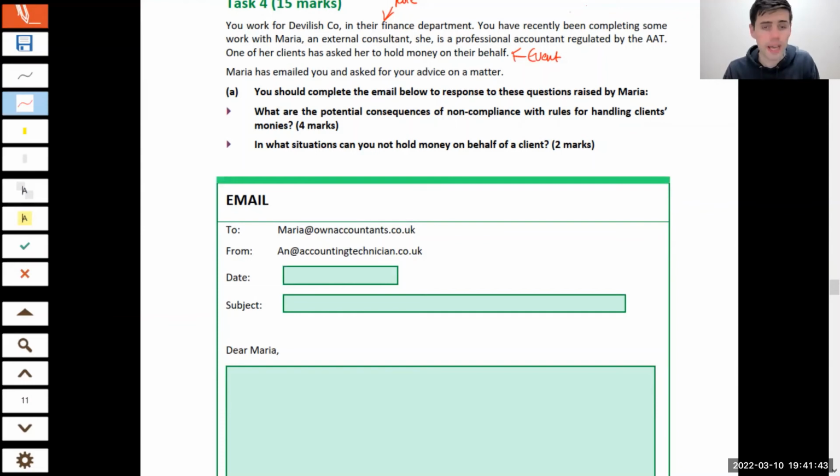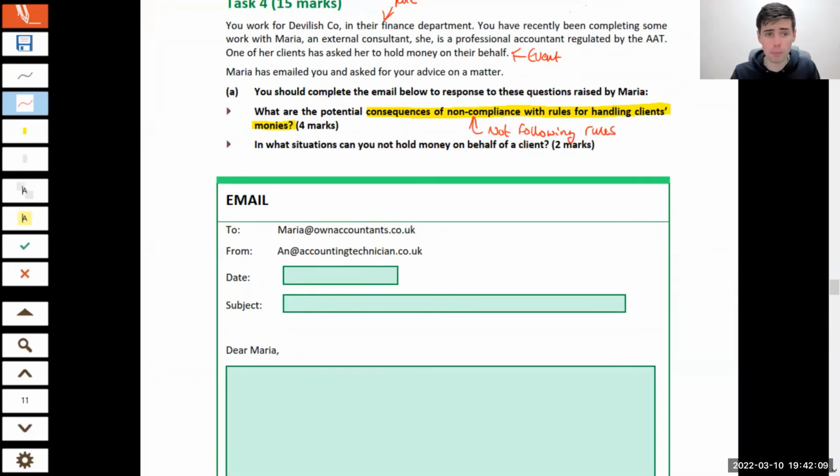So let's start to break this down. When it says, what are the potential consequences? Let's just start to see what we need to write about. So I need to write about the consequences of non-compliance for handling money. That basically means, what does that mean? Non-compliance. I'm not following the rules, okay? That's all it means.